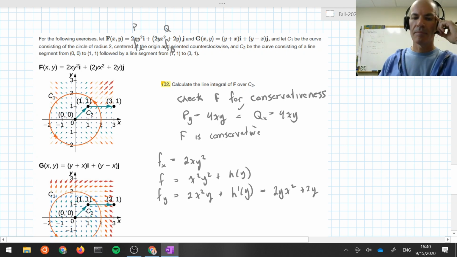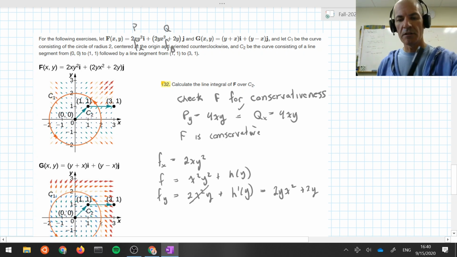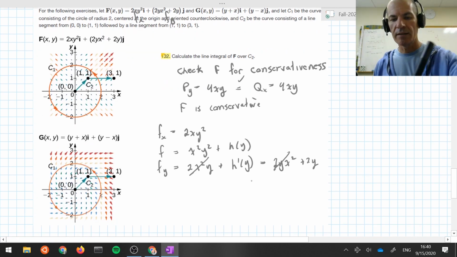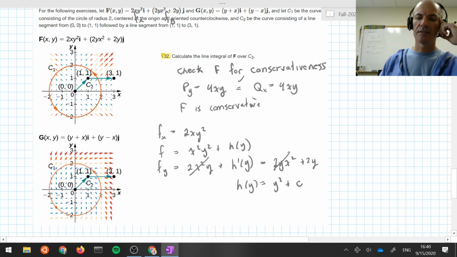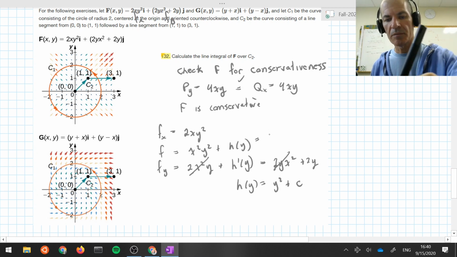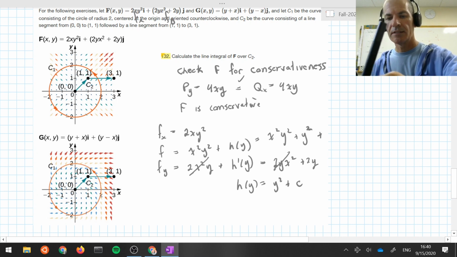We see a little bit of cancellation, and we find that h prime of y has to equal 2y, or that h of y is equal to y squared plus some constant c. Now that we've found h, we take it back up here, and we have x squared y squared plus y squared plus c.